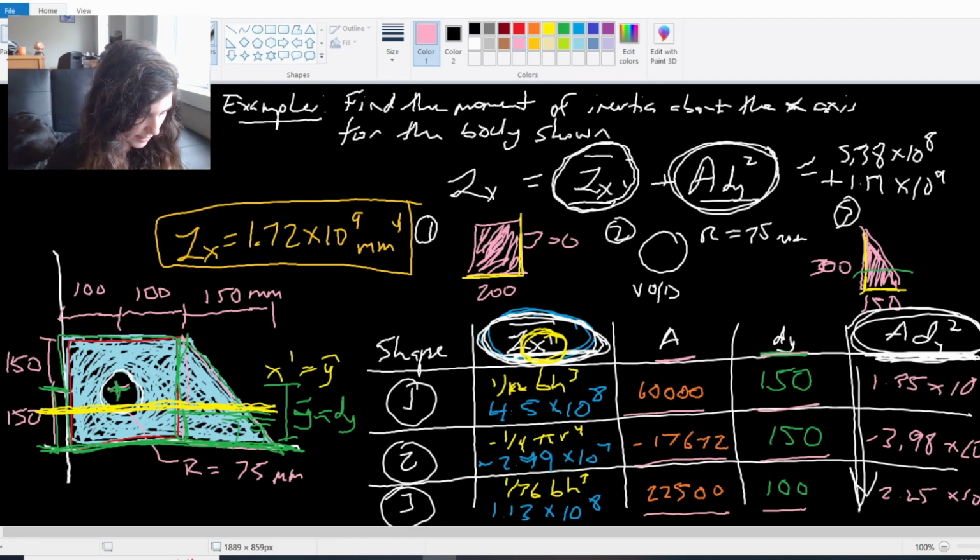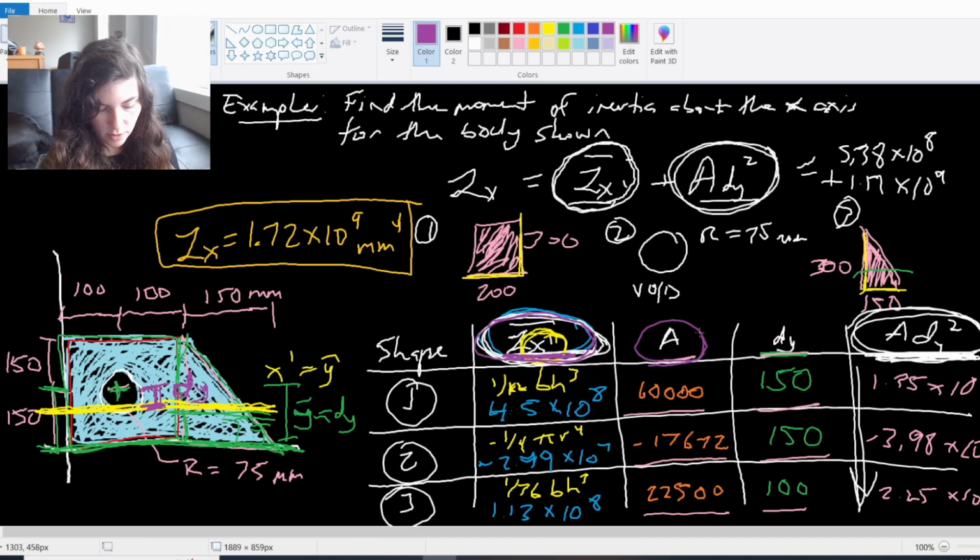So if my centroidal axis is in yellow here, my dy for the circle would be this distance, from the center of the circle to my centroidal axis. So the dy term has changed, even though my moment of inertia about the centroid and my area are going to be the exact same.